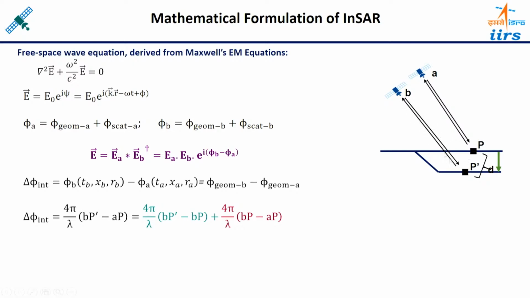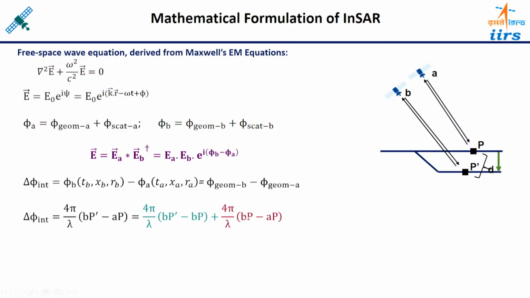If you have BP prime minus BP, it means you are able to calculate small t. This particular term is again the phase. You cannot say this is the phase, path difference is there, but overall it is equivalent to the phase. So this is basically called the deformation phase.